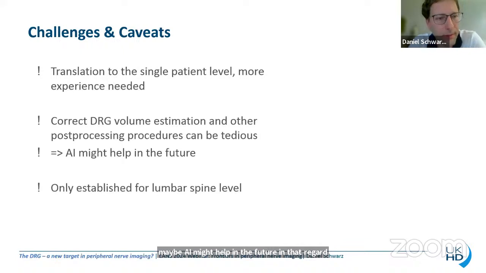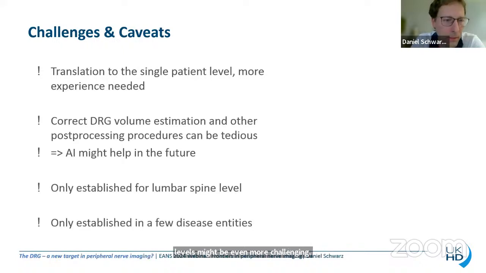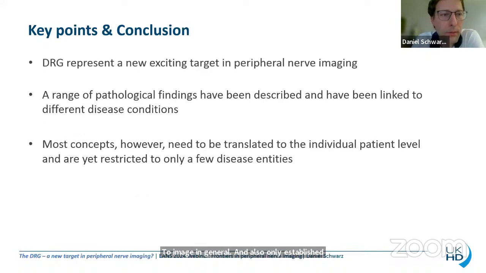Another important caveat is that it has only been established for the lumbar spine level, which is because we have the largest DRG at these levels, and other levels might be even more challenging to image in general, and also only established in a few disease entities by now.